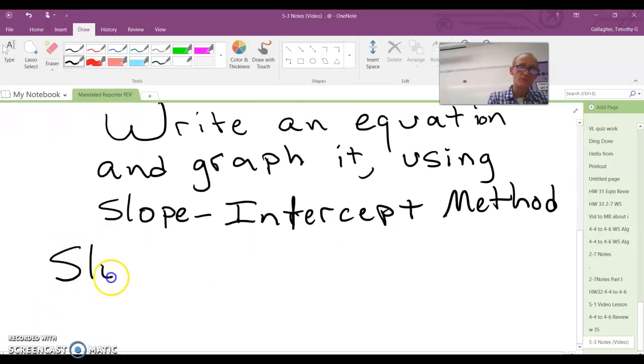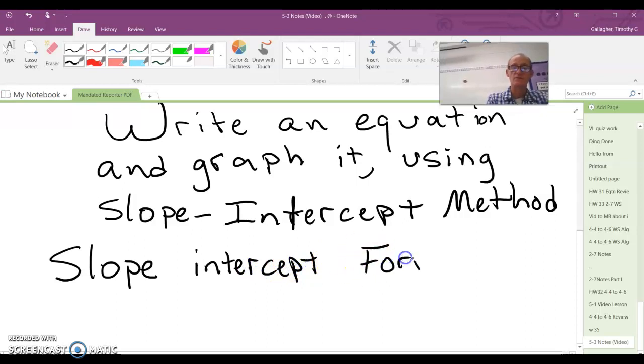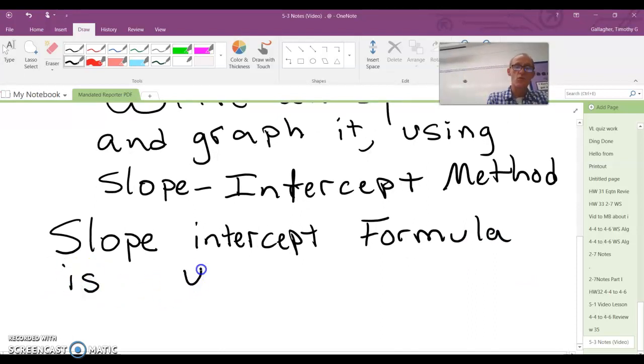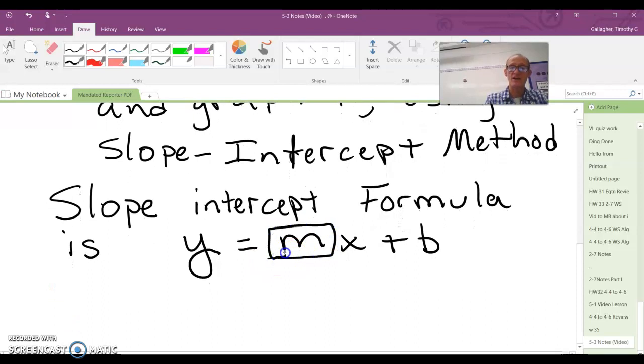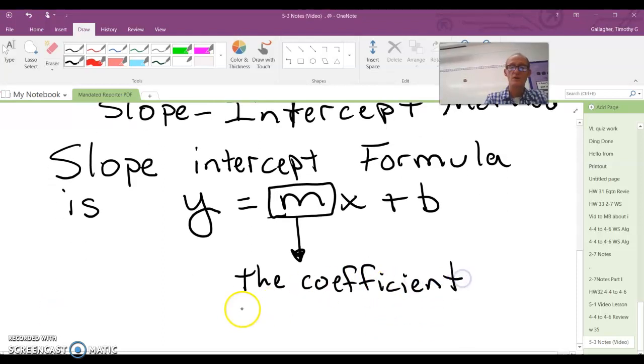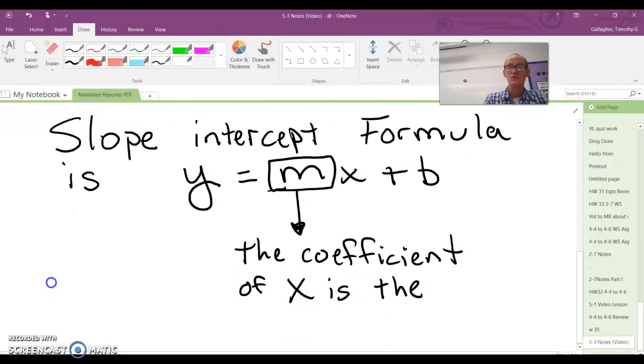The slope-intercept formula is y equals mx plus b. The coefficient of x is the slope.